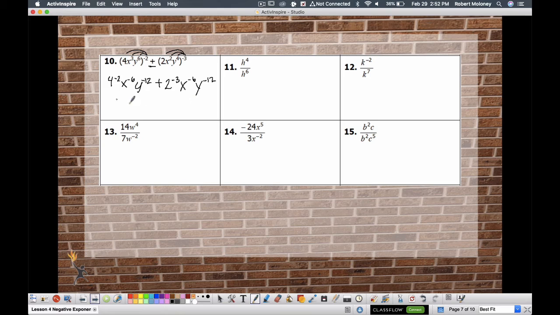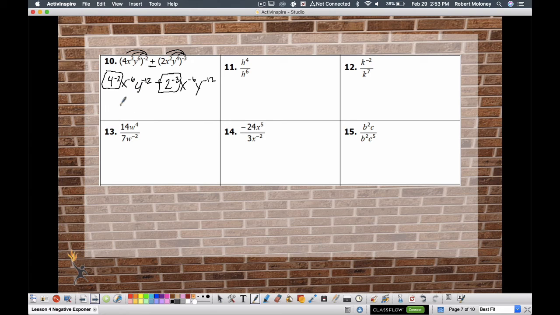So first thing I'm going to do is go ahead and apply my negative rule. Now I know addition normally isn't here, but I'm going to go ahead and apply it because now I need to turn these into positive exponents, into real numbers, and simplify those before I can get it there.